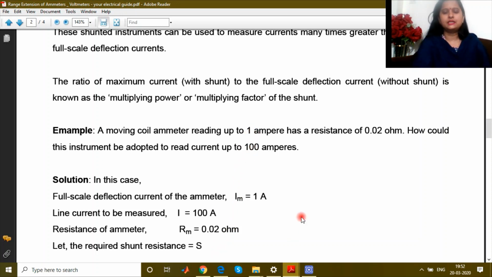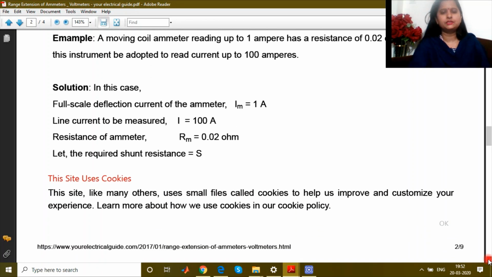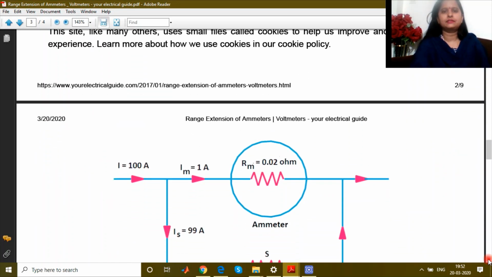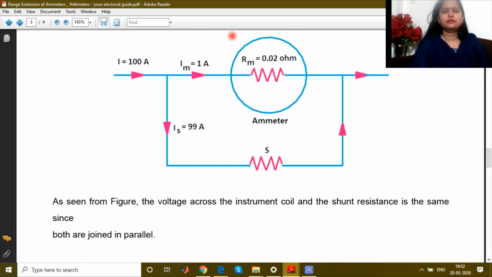Let us see how we can extend the range of this ammeter by connecting a resistance in parallel with it. Suppose this is the circuit diagram. There is an ammeter having 0.02 ohm resistance, the range of this ammeter is 1 ampere, and this is the shunt resistance connected in parallel to this ammeter.